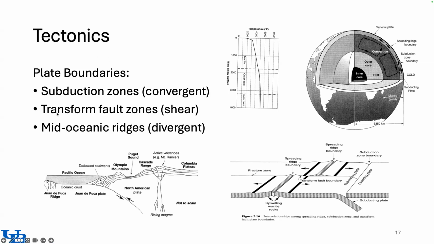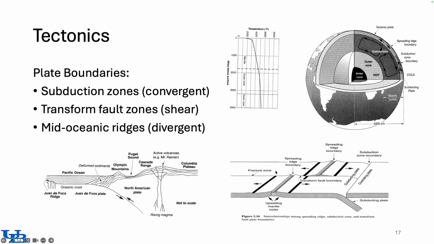And then you have transform fault zones, which is the region that is between two mid-oceanic ridges. So if you have two mid-oceanic ridges that are offset relative to each other, you have regions where one plate is moving one way and the other plate is moving the opposite way.